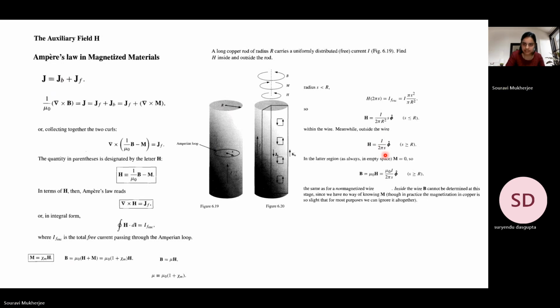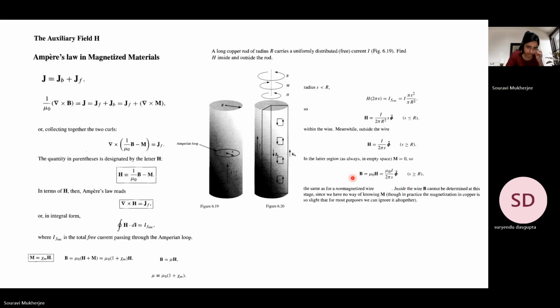Once you know H, if you know the permeability mu of the medium inside the rod, like copper, then you can find the field inside the copper rod. While outside, because it's free space, you can just multiply by mu naught, the permeability of free space, to find the field.